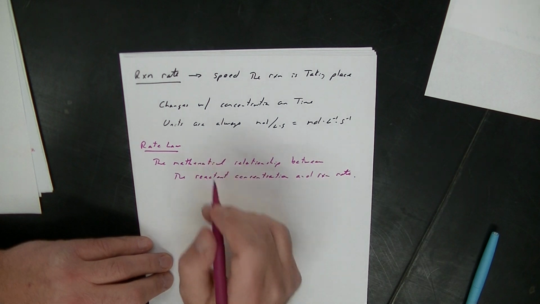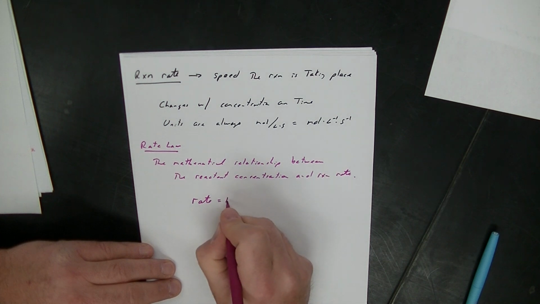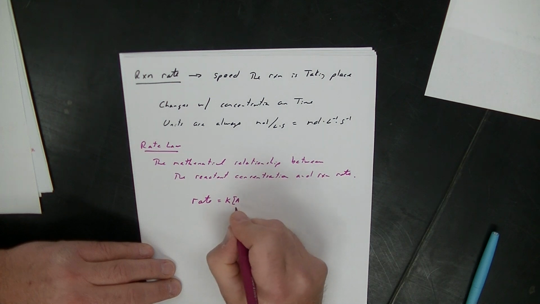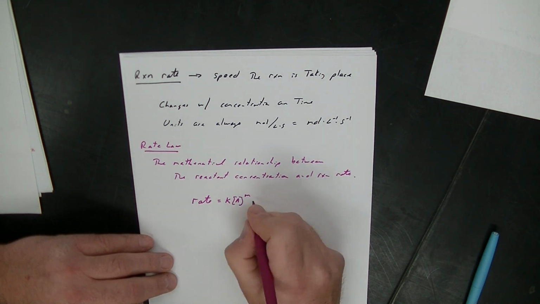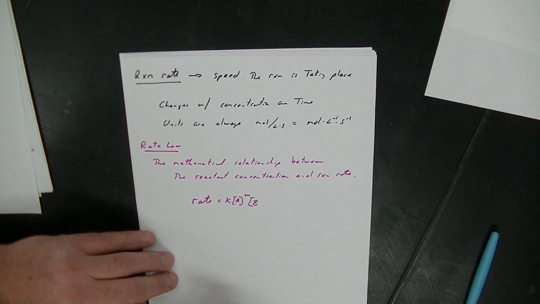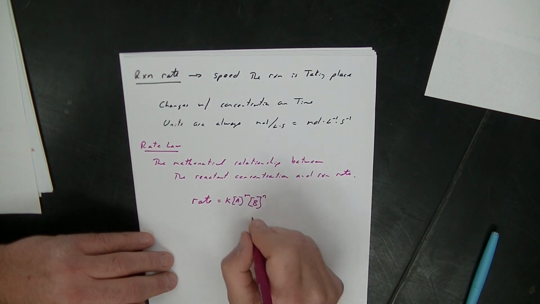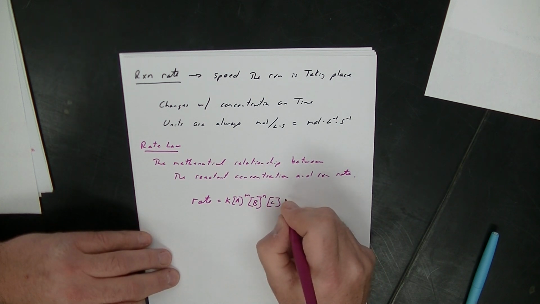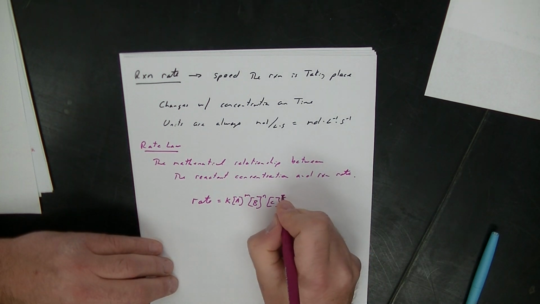So in our rate law, our reaction rate is going to equal some constant K times the concentration of one of the reactants to an order, let's say m. If we have another reactant, that would also be included, so maybe reactant B to the n or some order. And if we have another reactant, let's say C, a lot of times we'll use z.